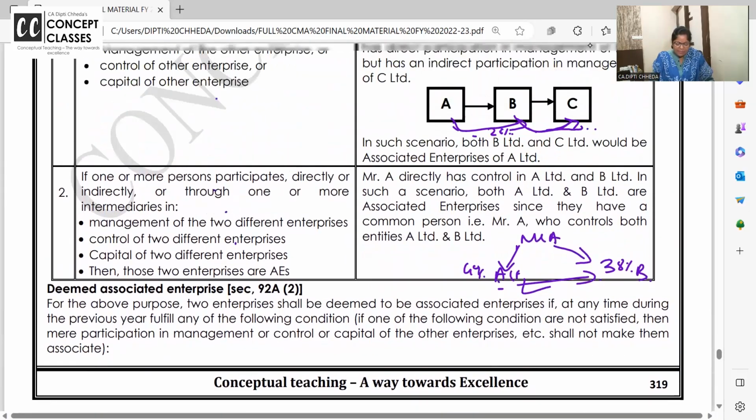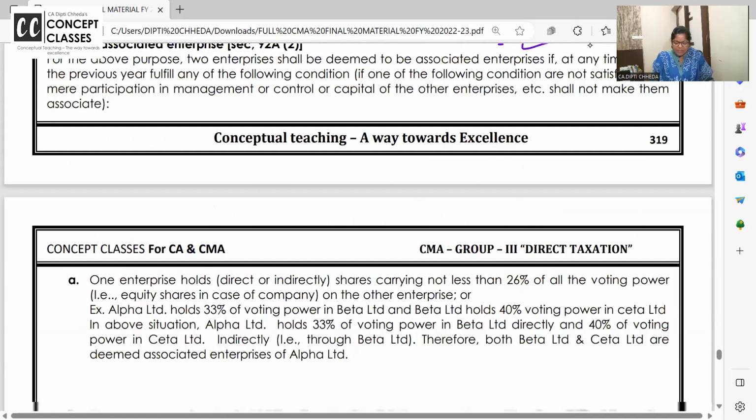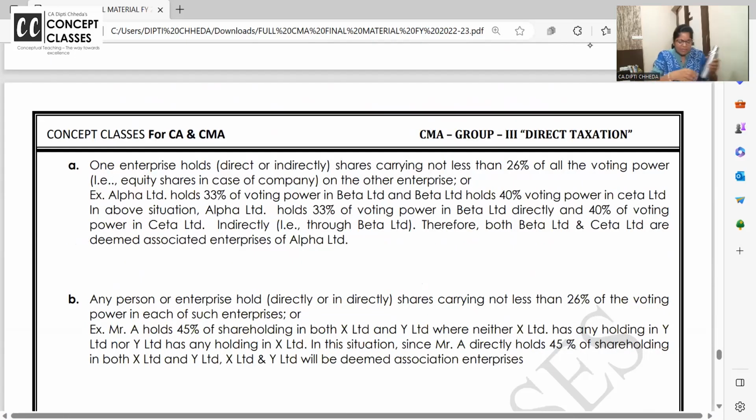Now what are deemed associate enterprises? There are different criteria. Students always draw diagrams in the regular class, and the problem is asked exactly like that. They'll give you 7 to 8 cases: is this an associate enterprise? You have to answer.